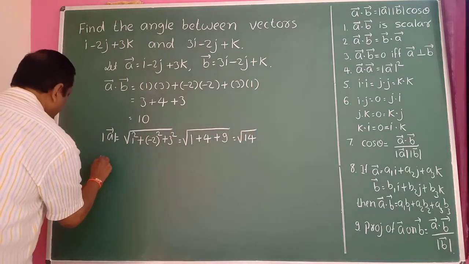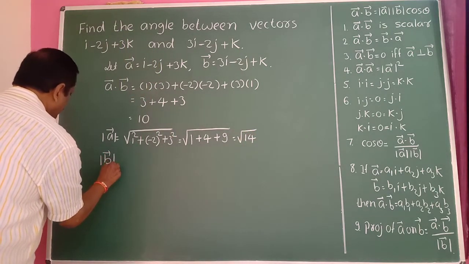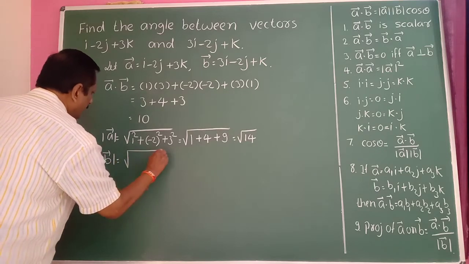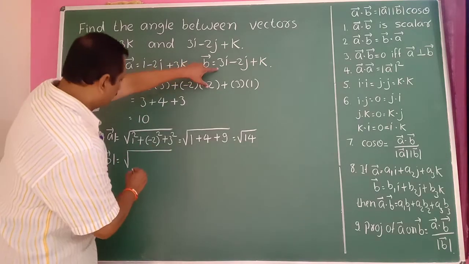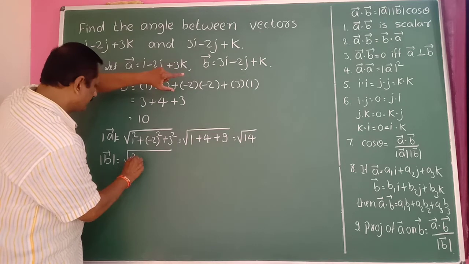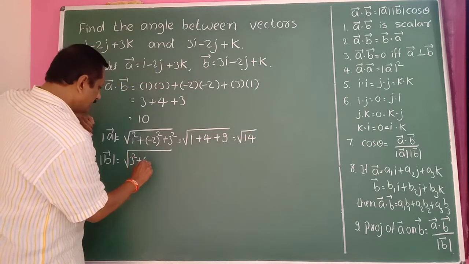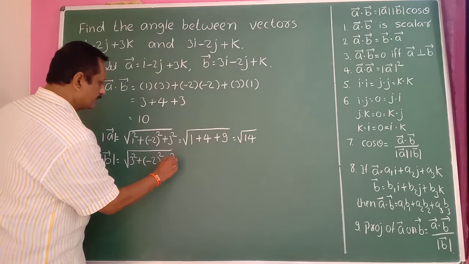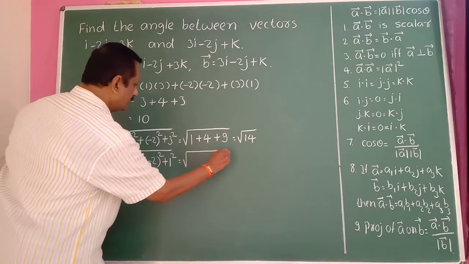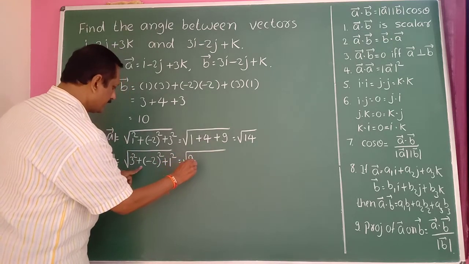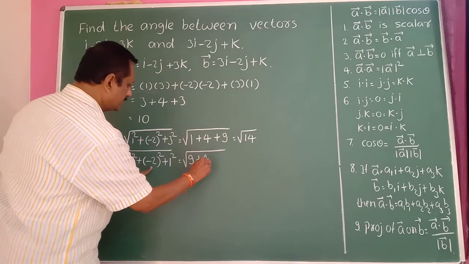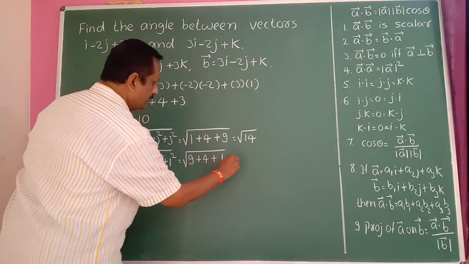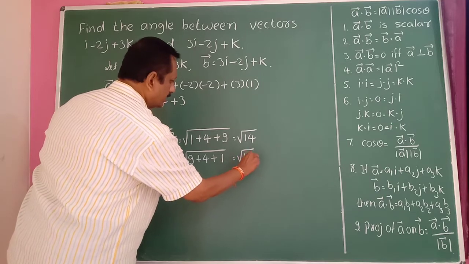Similarly, modulus of the vector b bar is root of 3 square plus minus 2 square plus 1 square, that is root of 9 plus 4 plus 1, which is root 14.